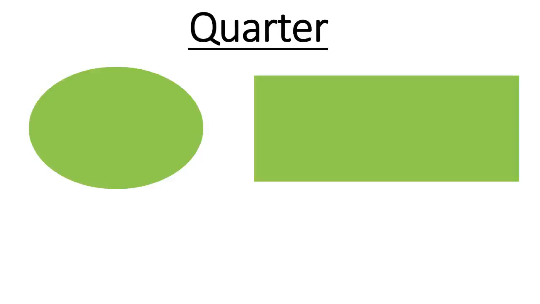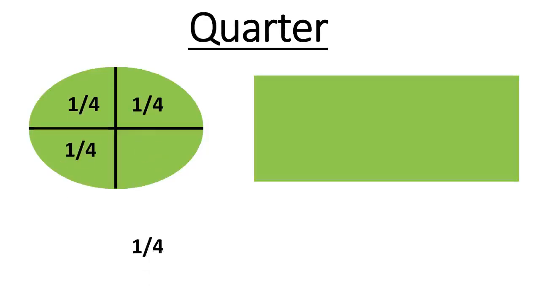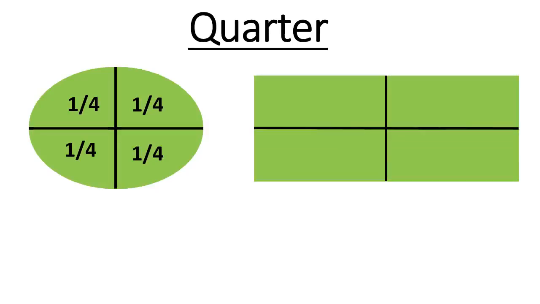Here we have the quarter. I will divide my circle into four equal parts. Each part represents 1/4. Here I have this rectangle divided into four equal parts.